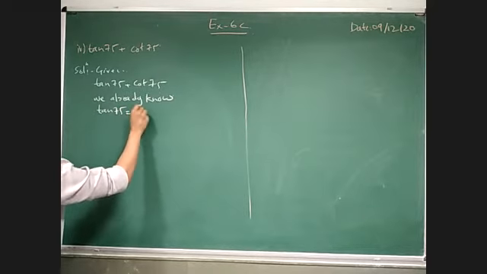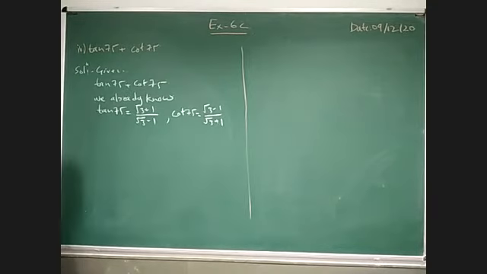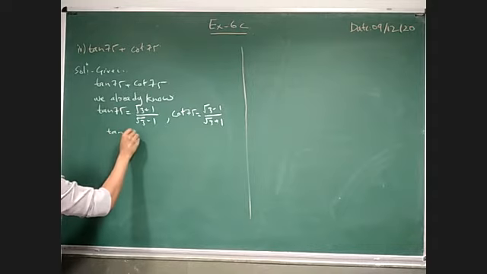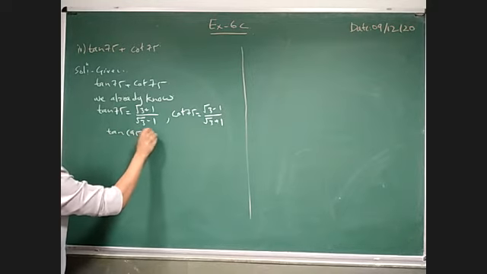We already derived these values. If you don't know tan 75 and cot 75, then you can find them by the formula, tan (45 plus 30).